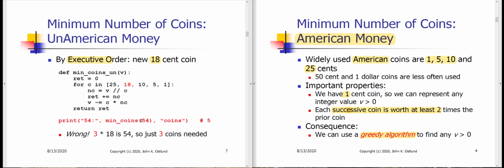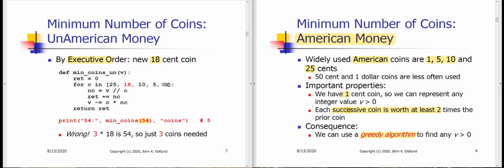When we ask what the minimum number of coins that we need for 54 cents is, using our greedy algorithm, okay, well, 54 is going to give us 2 quarters and leave us with 4 cents. So we can't use any 18-cent or 10-cent or 5-cent pieces for 4 cents.